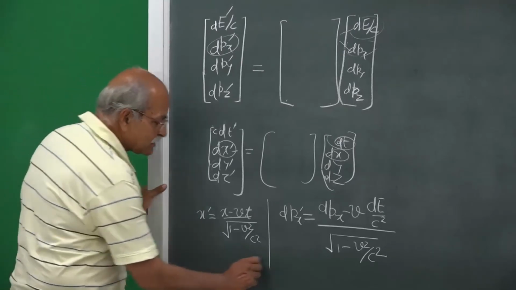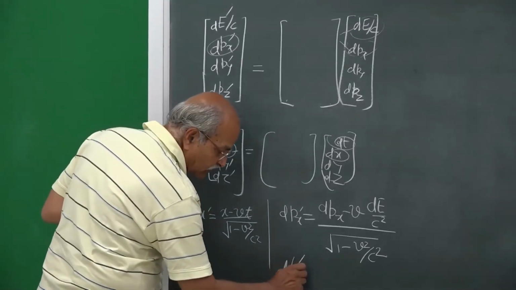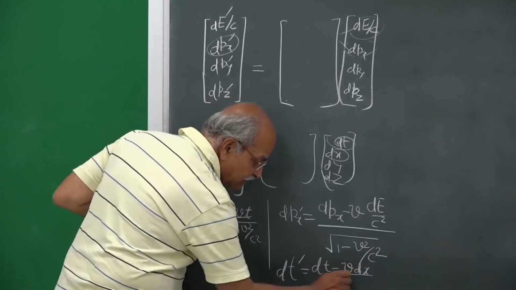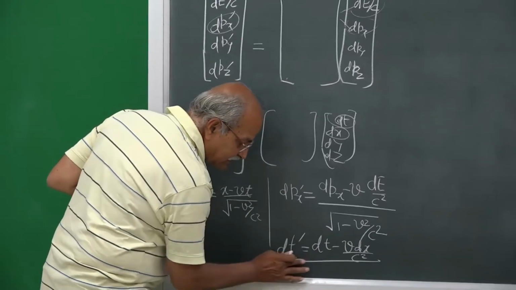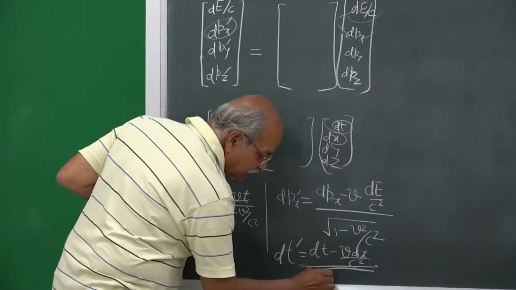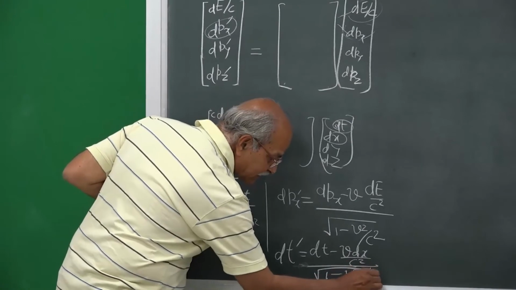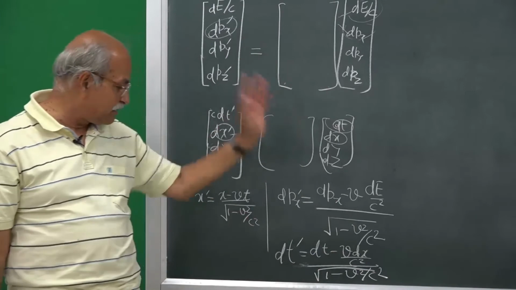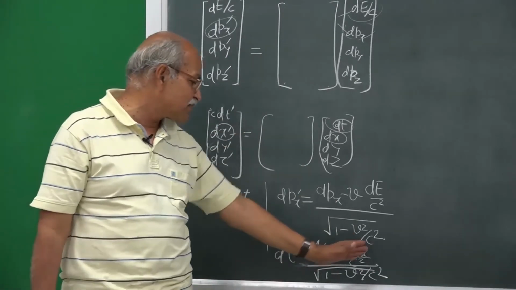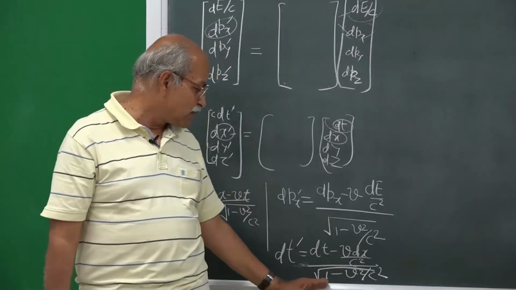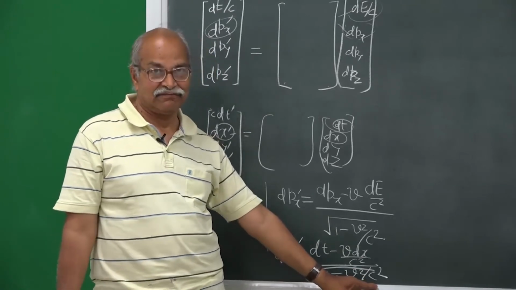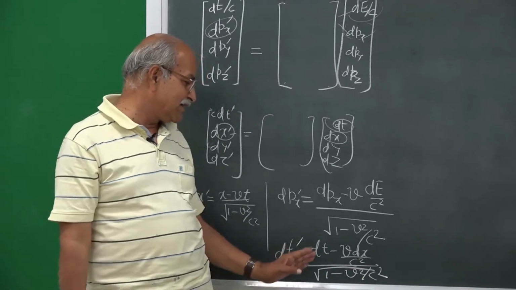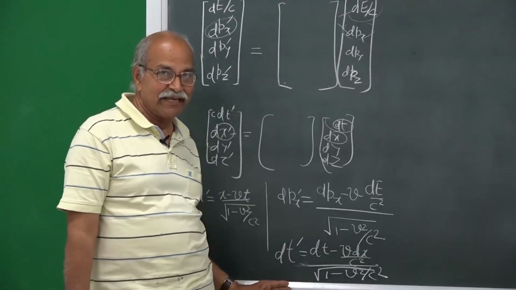So dt prime is equal to dt minus v dx by c square, and then divided by square root of 1 minus v square by c square. This we had been using from the very beginning, t prime is equal to t minus vx by c square divided by square root 1 minus v square by c square. So here only we have dt prime and dt and dx, otherwise this transformation is same.